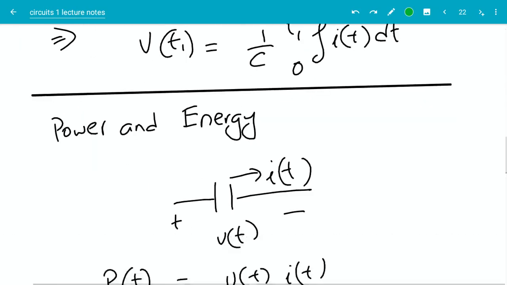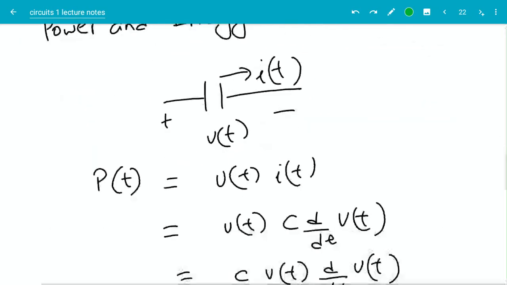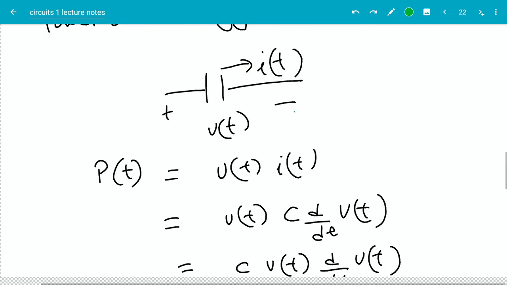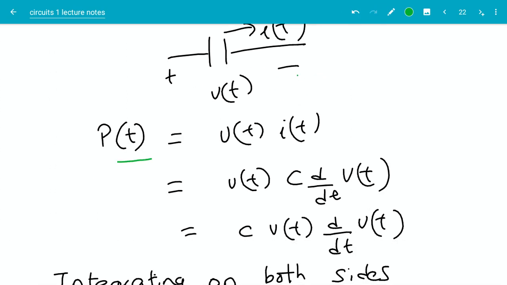Now let's talk about power and energy. If you have a component where the voltage drop is v(t) from left to right, and the current i(t) is flowing in the direction of the voltage drop, then the power is just v(t) times i(t).